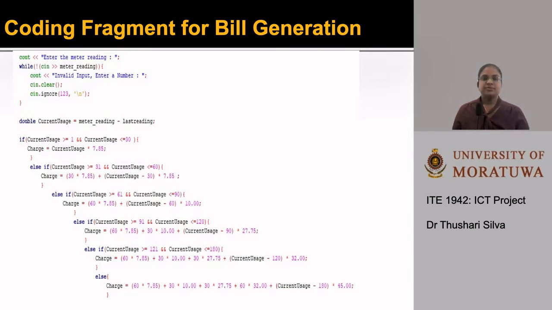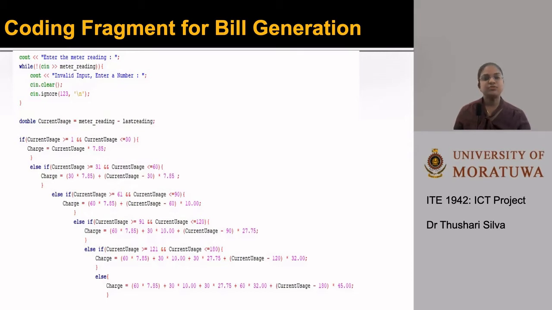If your current total number of units is between 1 and 30, then your total price will be different. But if you are a heavy user of electricity, and your units are between 31 and 60, in that situation the first 30 units will be charged 7.85 each, and the rest will be charged another value.